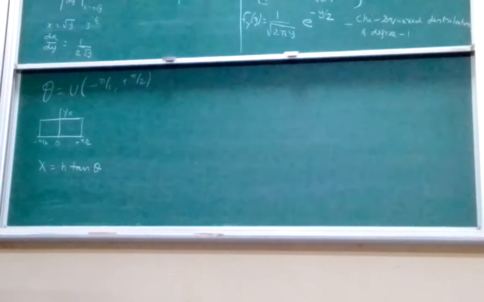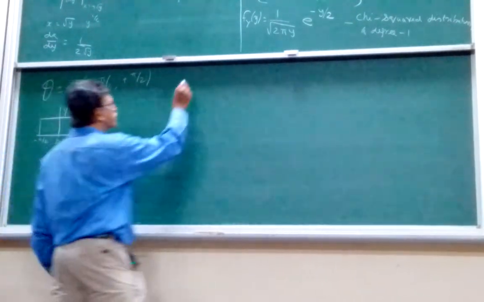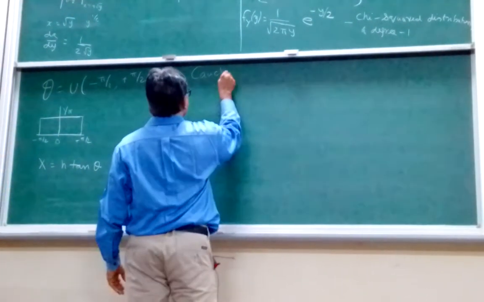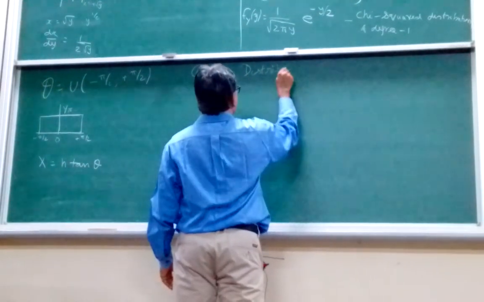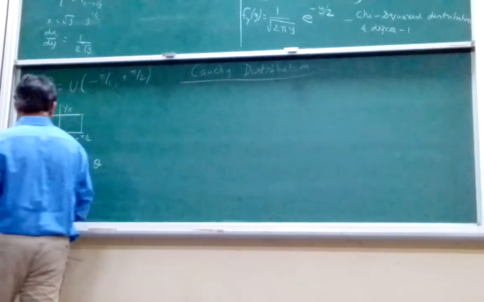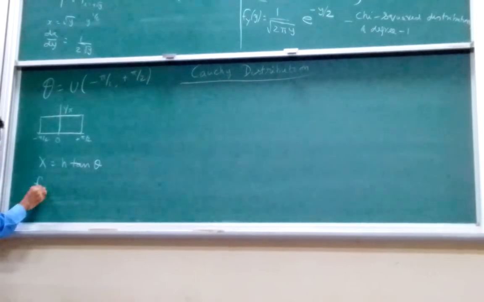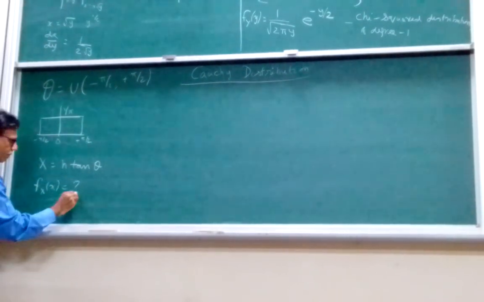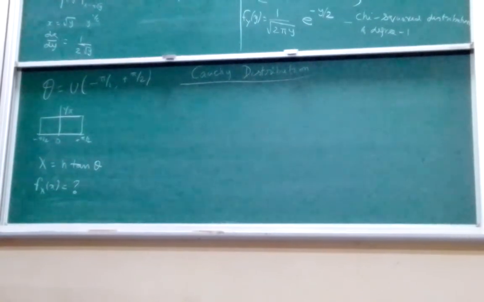We again encoded it because I wanted to specifically emphasize this, the Cauchy distribution. That is why I am again mentioning h tan theta. We are interested in finding the distribution of x, which is h tan theta.